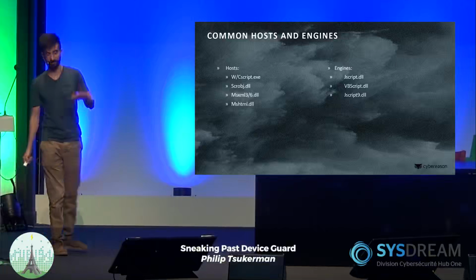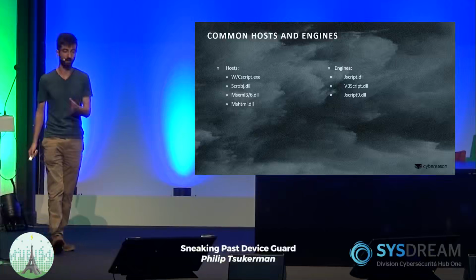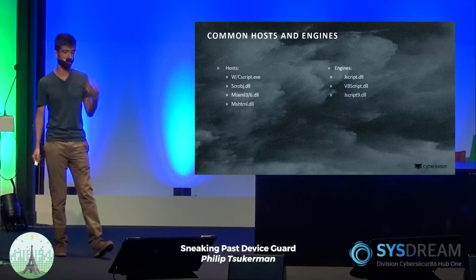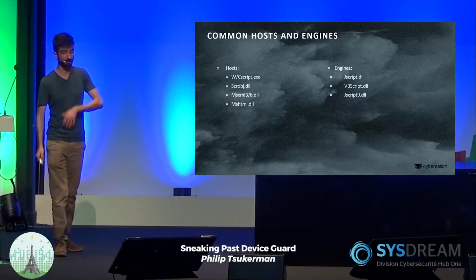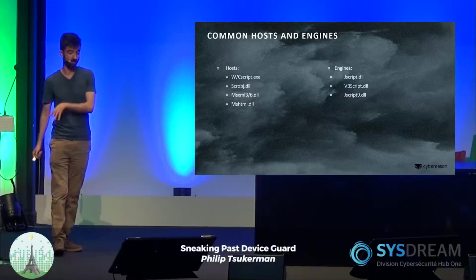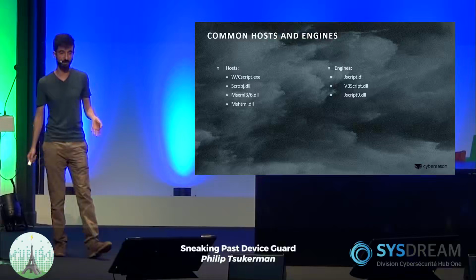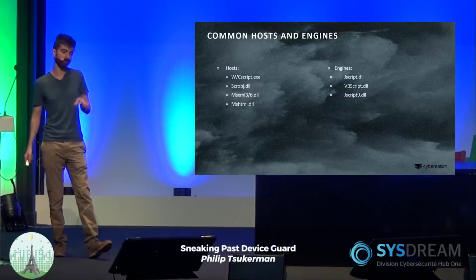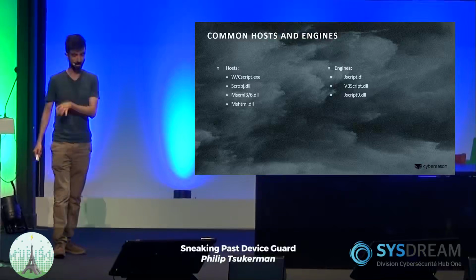So the most common hosts and engines for ActiveScript on just a native Windows installation are, on the host side, wscript.exe, scrobj.dll, which is actually the engine behind scriptlets, MSXML 3 and 6, which run XSL transforms, and MSHTML, which is actually Internet Explorer and also the HTA engine.